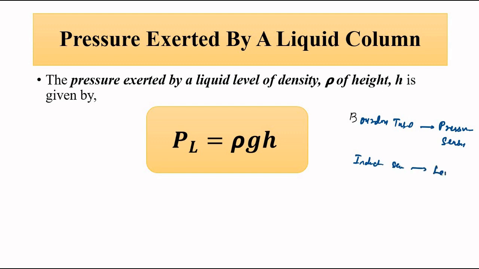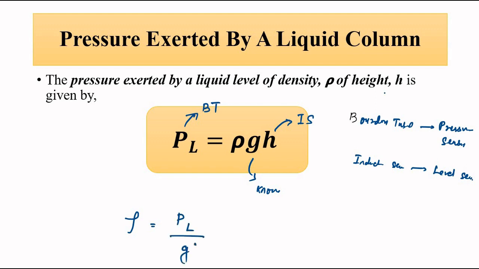So we have got this value using the Bourdon tube, and we have got this value using the inductive sensor. Now G is constant, it is known, acceleration due to gravity. So we can calculate the density rho by PL by GH.